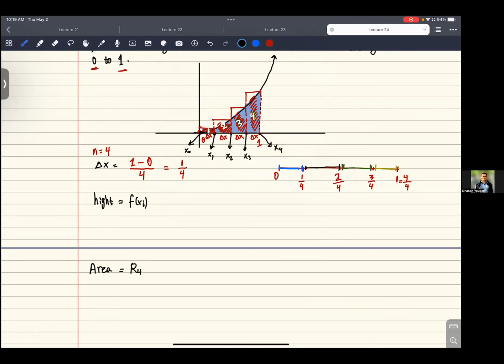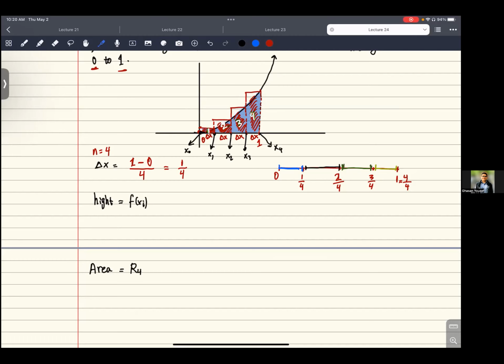Upper estimate means the rectangles are above the curve, so the estimate is an upper bound for the correct area. The original area will be less than the estimate, because the estimate has more area added to the original area.